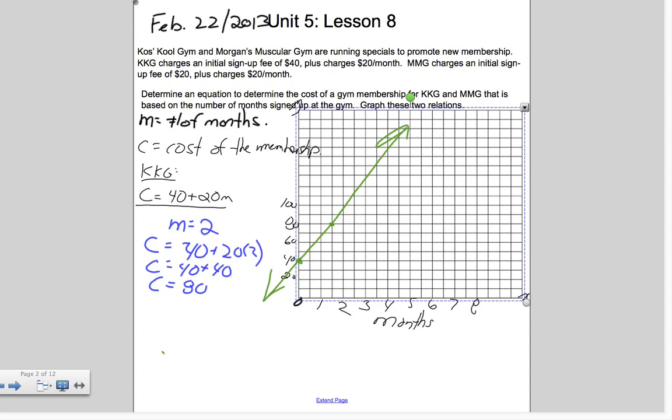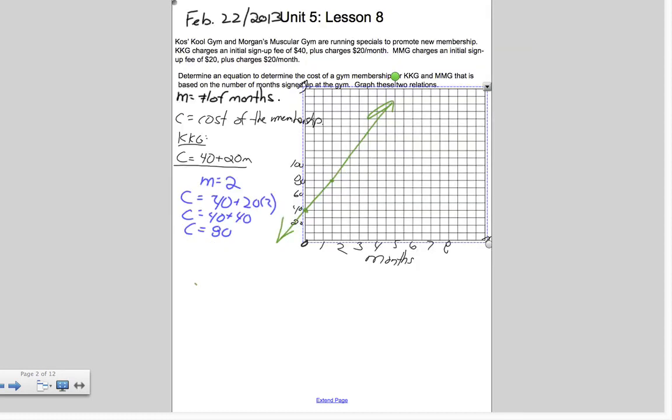So we want to do the same thing with Morgan's Muscular Gym. What kind of equation can we come up with for that? C equals 20 plus 20m. Do you see that we still have the same variables, even though it's a different gym?